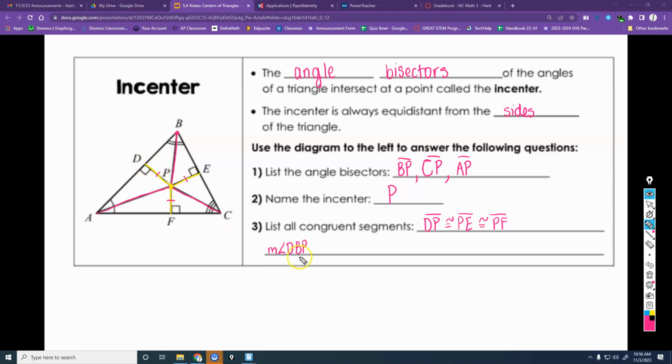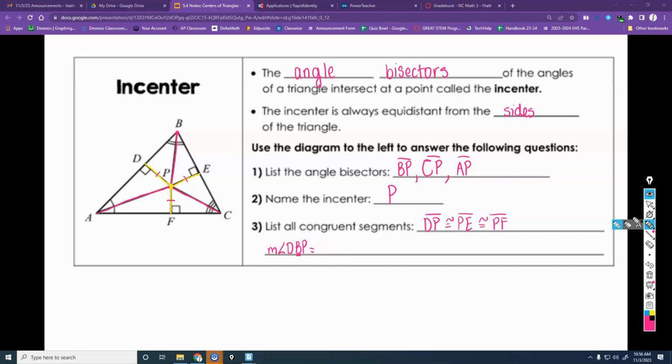The vertex is in the middle, right? So when we trace it, we do D, B, P. That's this angle right here. The vertex of that angle is in the middle. Okay, this is a technicality of geometry that's not really going to matter to you guys that much. If I put an M there, meaning the measure of, I don't use congruent, I use the equal sign.